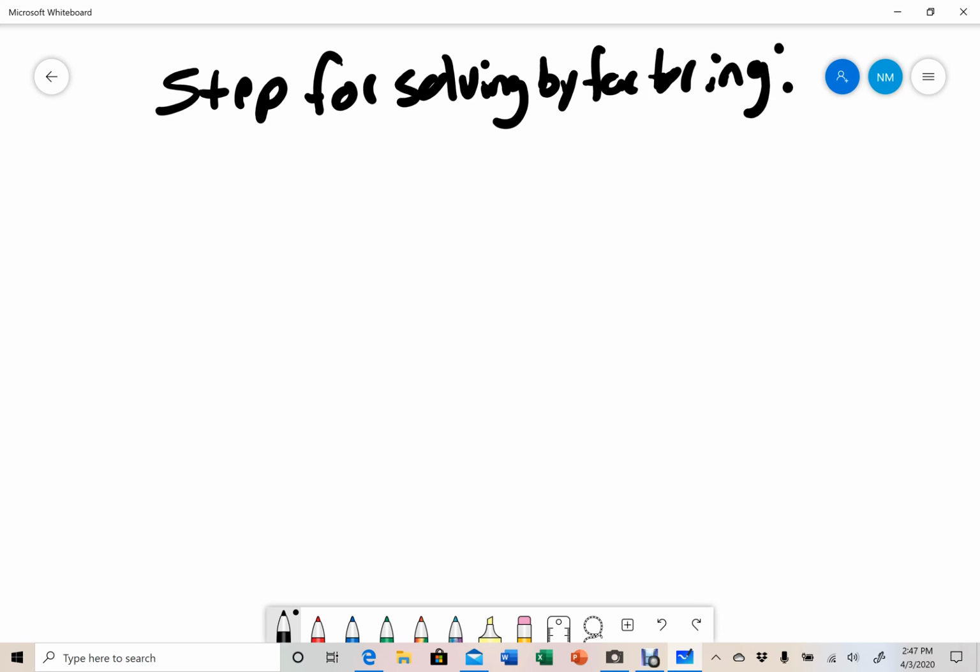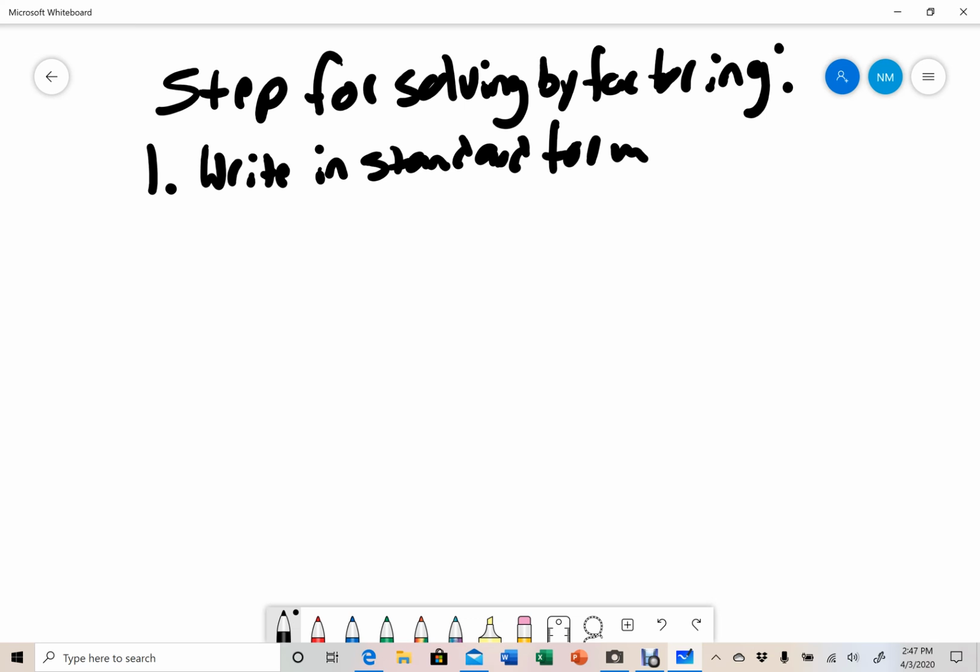Trust me, I write just as bad on this whiteboard as I do on the one at school, so bear with me, okay? So step number 1, we have to make sure that our equation is written in standard form. So step number 1 is write the equation in standard form.